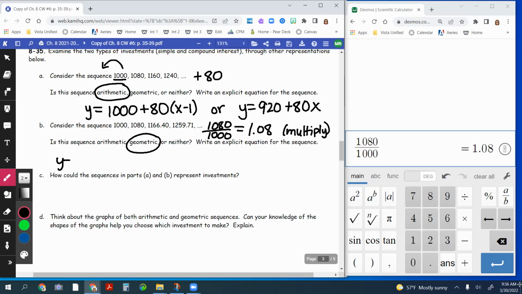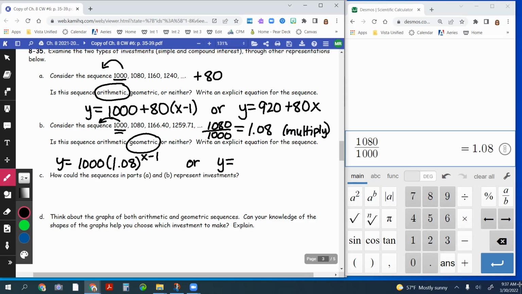So this one's going to be y is equal to 1,000 times 1.08. And again, this is your first term, not your zero term. So you would go x minus 1 if you're going to start with your first term. Or if you're going to start with your zero, we need to go backwards and see what was it before this.